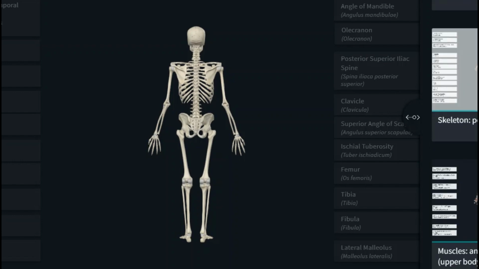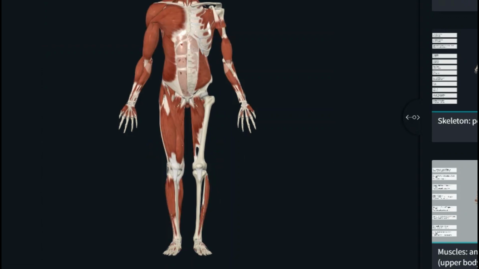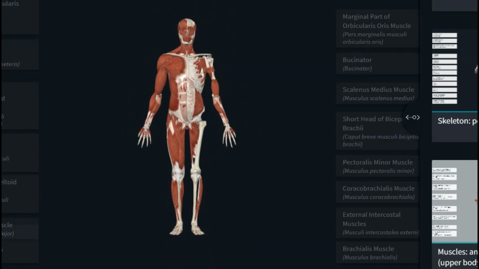Now if you see the muscles of the whole body, this is how the muscles are arranged in our body. We will discuss most of the muscles in our video lectures, with the help of these diagrams. Basically, you have to imagine in 3D.